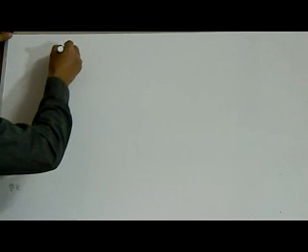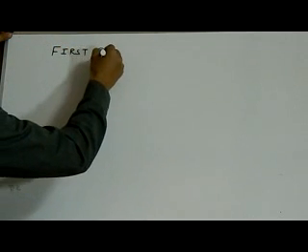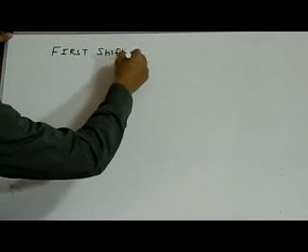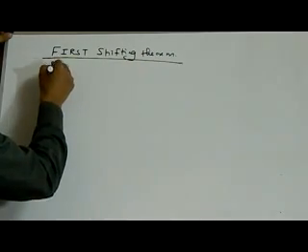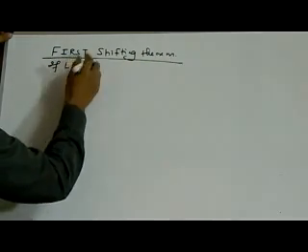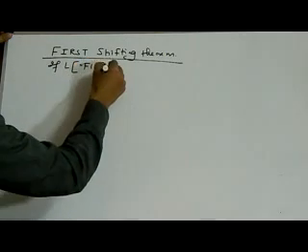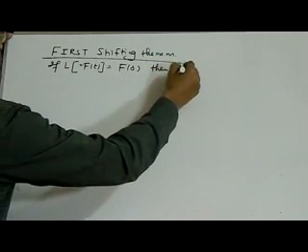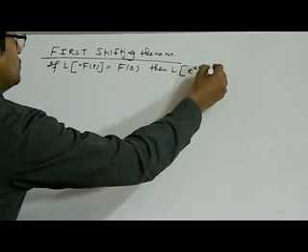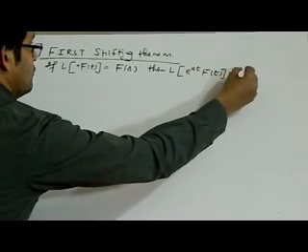Now, let us see what will be the impact of the first shifting theorem in the inverse transformation. The first shifting theorem was that if L of f(t) is F(s), then L of e to the power at into f(t) was F(s minus a).